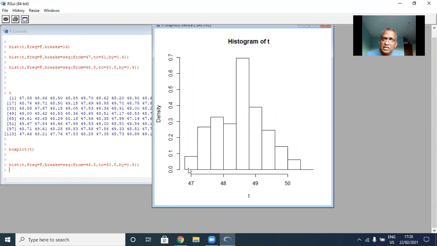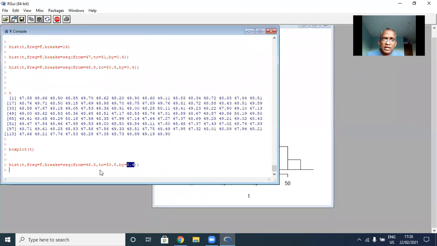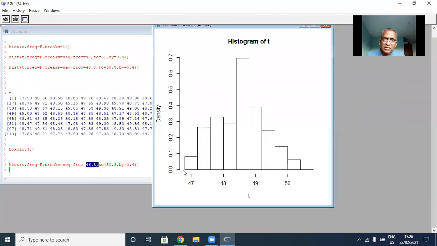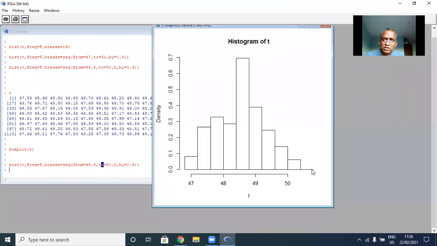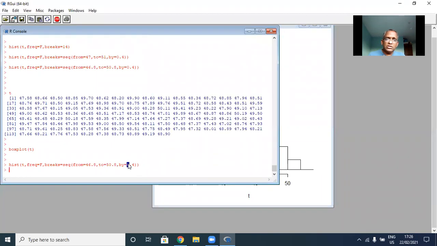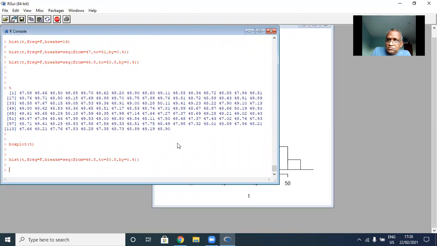Which means that each interval is of length 0.4, right? And the interval starts from 46.8, which is roundabout here, and goes to 50.8, which is around here somewhere, right? So the intervals range from this to this, and each interval is of length 0.4. Okay, I hope it explains.